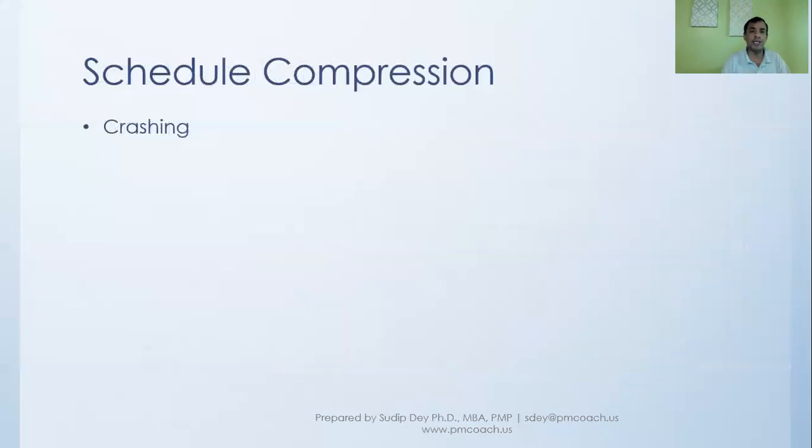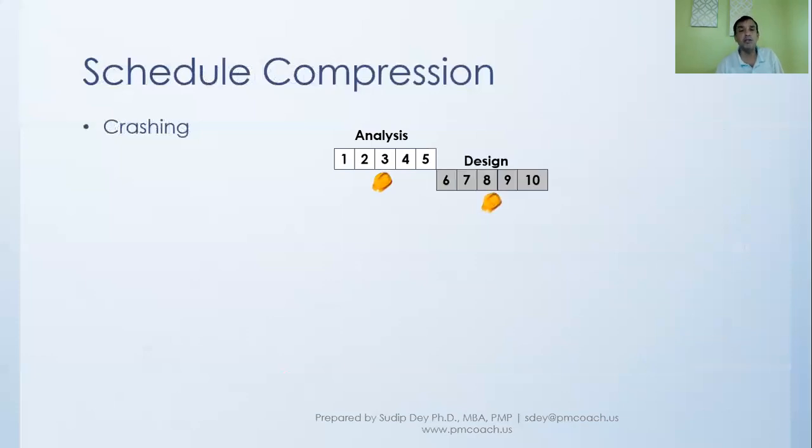So if you look at it, this is something that is going to happen. For example, in your initial plan, analysis was going to take 5 days, design 5 days, and implementation 5 days. So the project was going to start on day 1 and would finish on day 15.